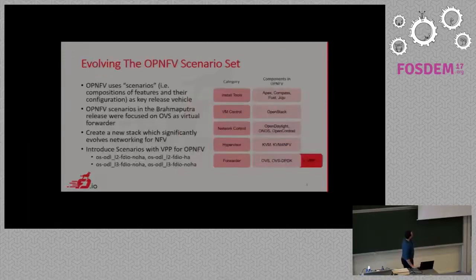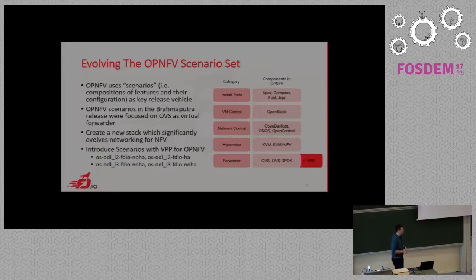Let's move on. Okay, this is another view on our suite. There are also layers, and as you can see at the bottom, there are forwarders, OVS DPDK, which are also available in some suites as a use case. And in our use case, we add VPP. Our scenario is mostly OpenStack for controlling VMs and for having an abstraction layer on the very top.